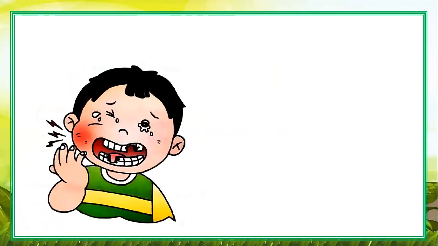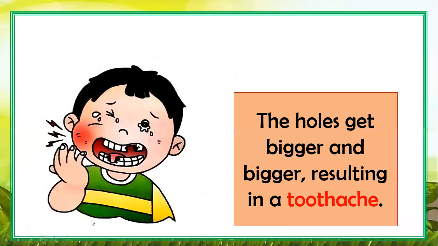Now take a look at the picture. So what have you observed with his teeth? So as you can see, the holes get bigger and bigger, resulting in a toothache. So when we say toothache, it means your tooth is aching or you are feeling pain in your tooth or teeth.